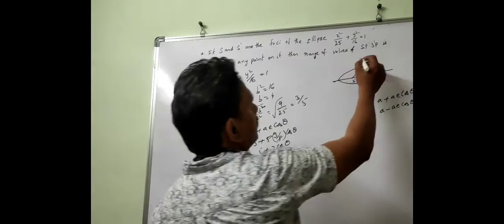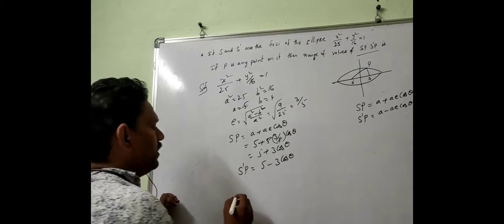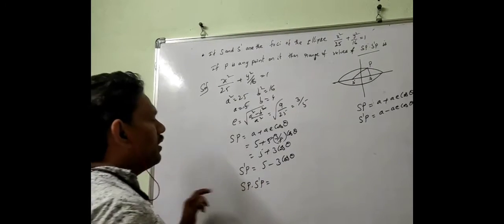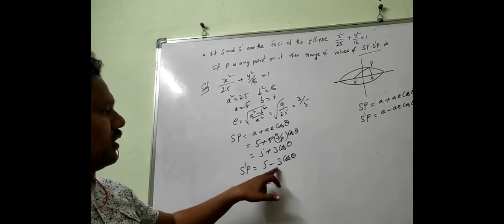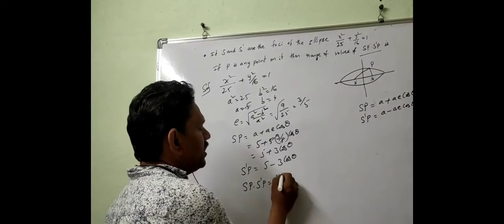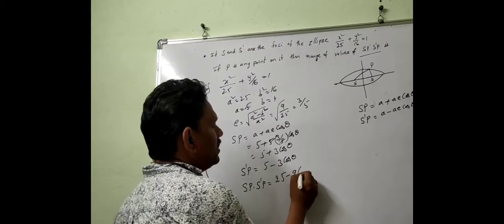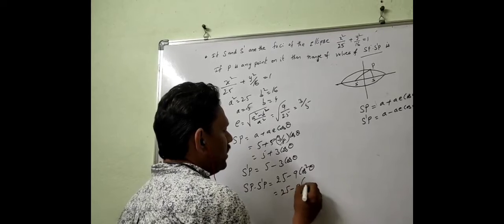Now which range do we have to find? We have to find the range of SP into S dash P. So multiply SP into S dash P: 5 plus 3 cos theta into 5 minus 3 cos theta. These two are in the form (A plus B)(A minus B), so we get A square minus B square. That is 5 square, which is 25, minus 3 square into cos square theta, so 25 minus 9 cos square theta.